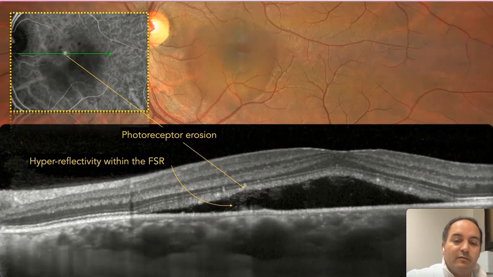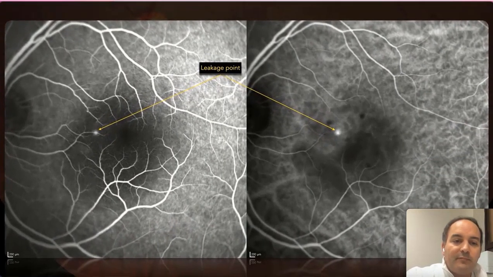Here you have some erosion of the photoreceptor layer with this hyperreflectivity within the subretinal fluid that sometimes corresponds to the leakage point. Here we have the fluorescein angiography and the ICG, where you can see the leakage point.